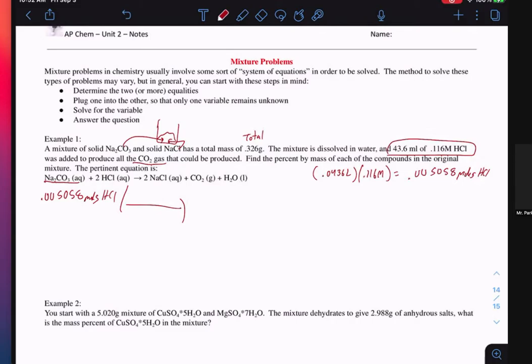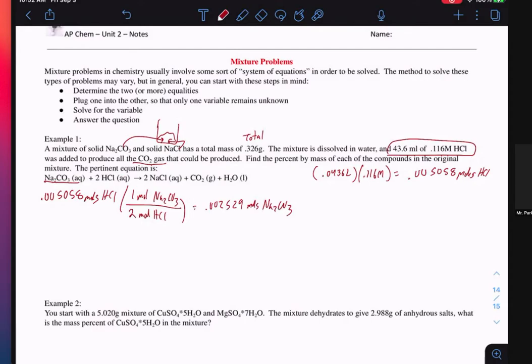So the HCl, we can use the HCl to track how much sodium carbonate is reacting.